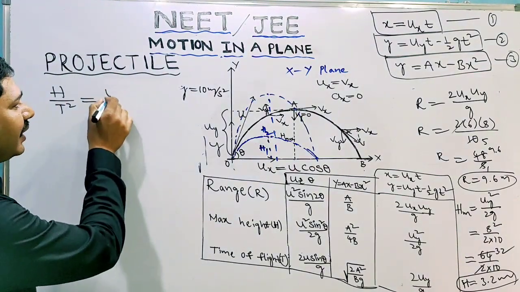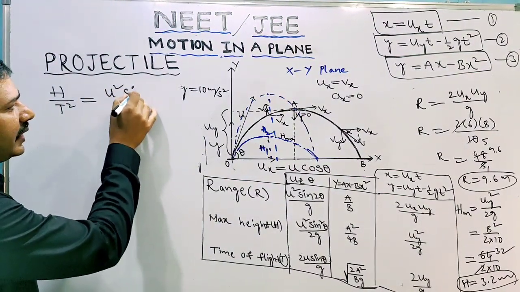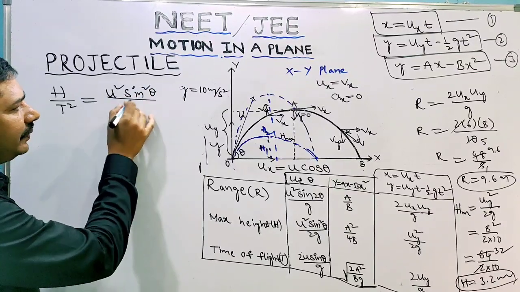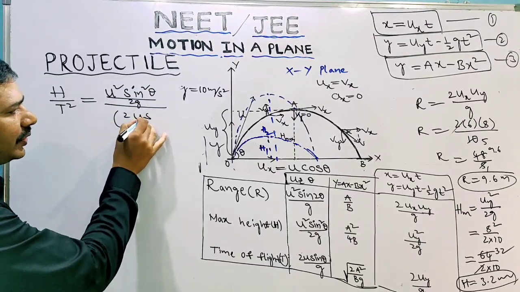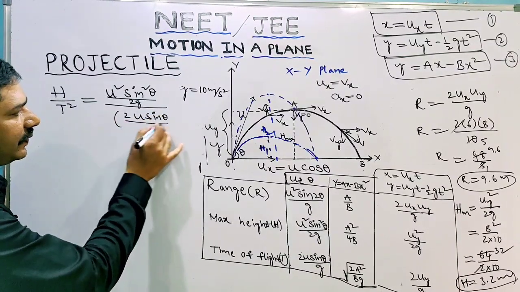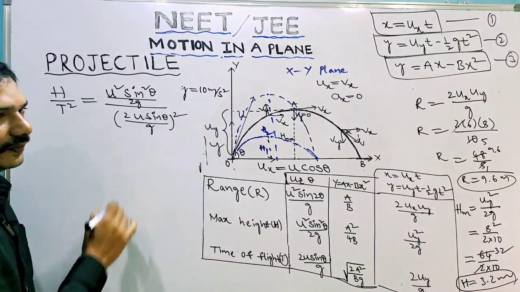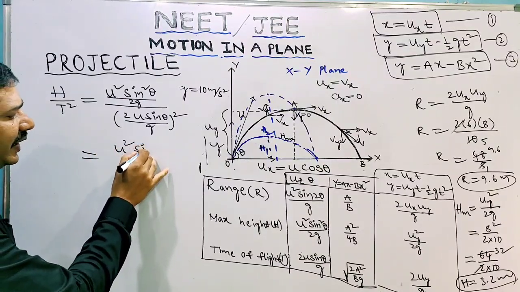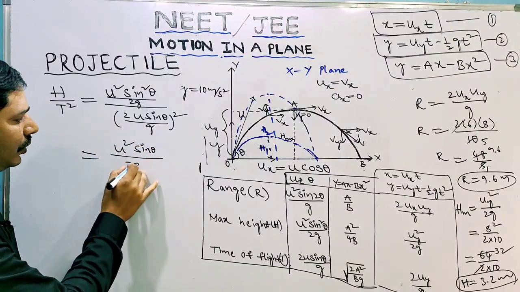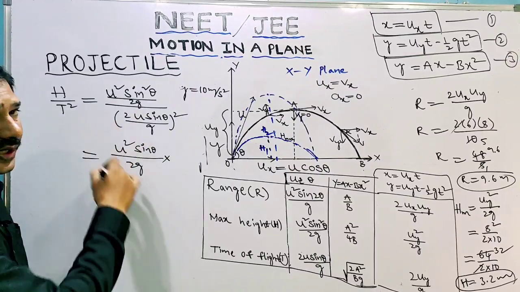The maximum height formula is u square sin square theta by 2g, divided by the time of flight, 2u sin theta by g, whole square.